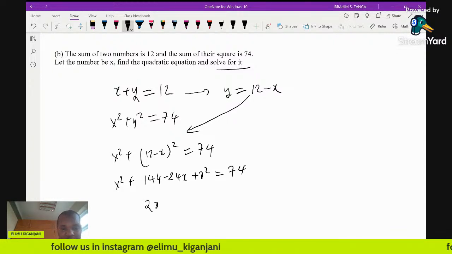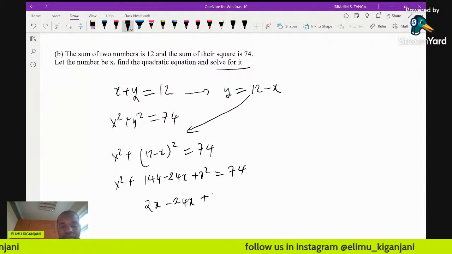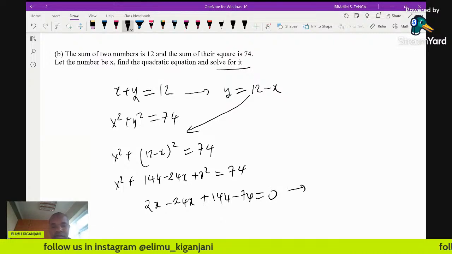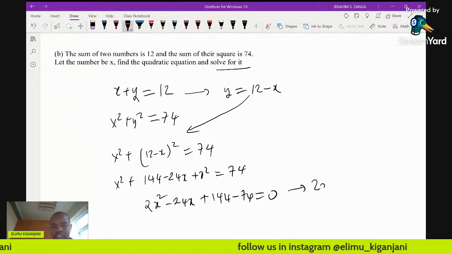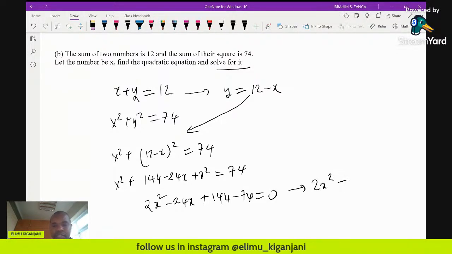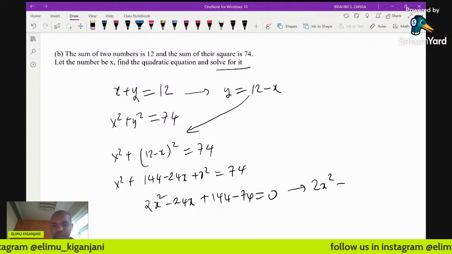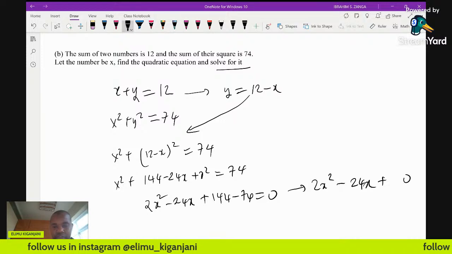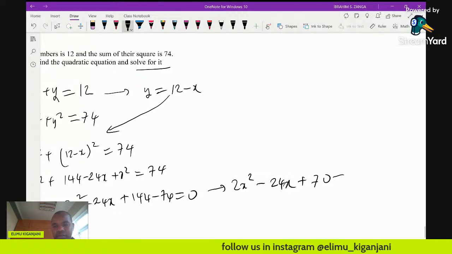So you have 2x squared minus 24x plus 144 minus 74, which is 70, equals 0.